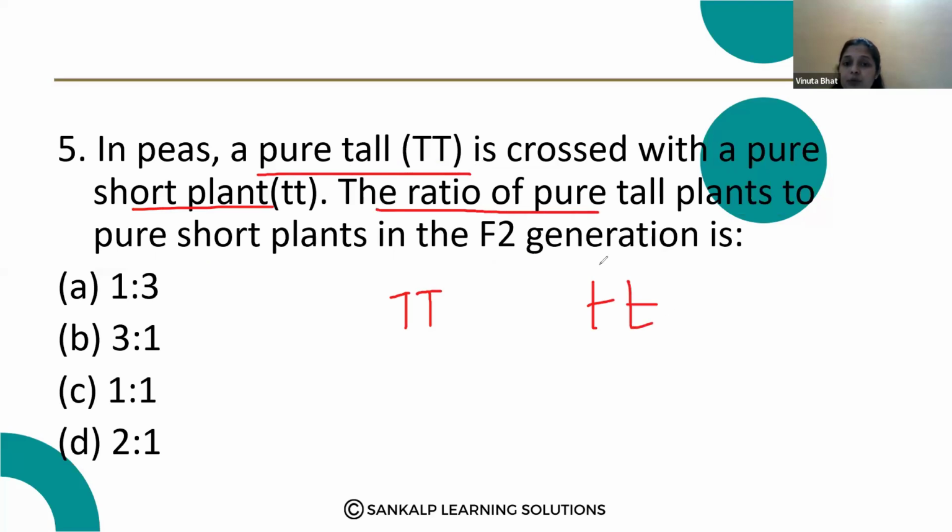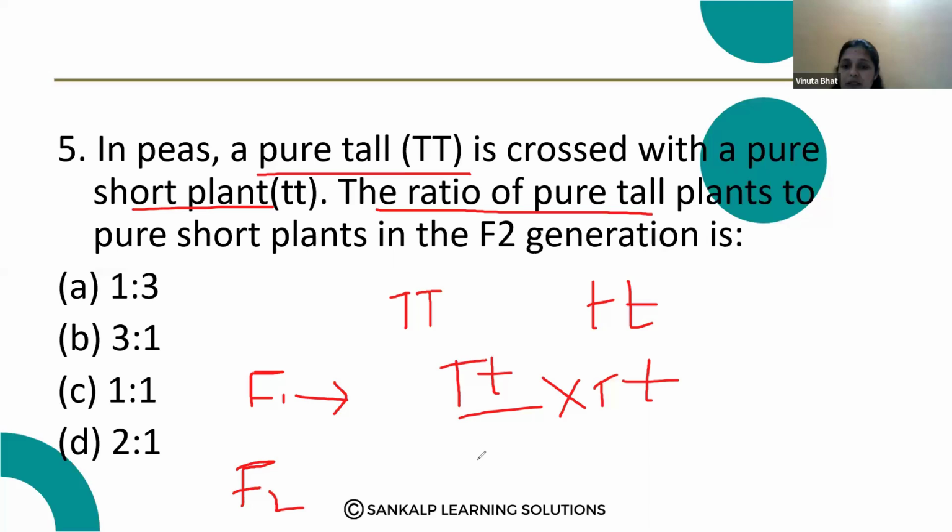In the F1 generation, all the plants will be tall but having capital T, small t as their genotype. So in the F2 generation, when two F1 plants are crossed like this, capital T, small t, we get capital T, capital T, capital T, small t, capital T, small t, and small t, small t, right?